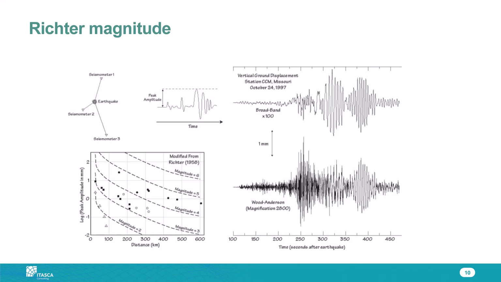But what he did for crustal earthquakes was look at the maximum amplitude of one of the waves recorded for that particular earthquake, look at the distance from the earthquake, plot it, and create a fit, and this is how Richter defined his magnitude. It is, for an event, a function of distance and the logarithm of the maximum amplitude of the wave that was recorded.